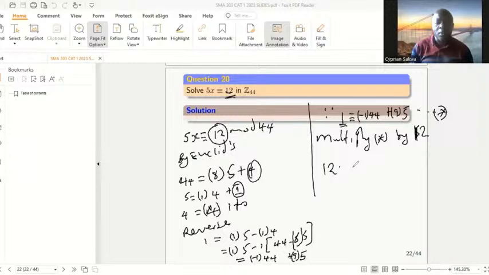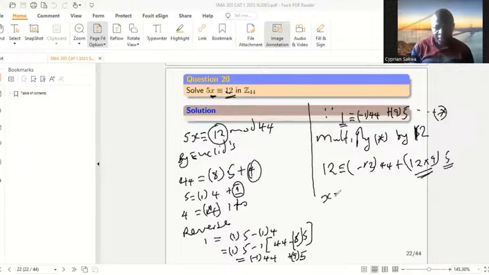That 12 is congruent to negative 12 times 44 plus 12 times 9 times 5. And we are working mod 44. I'm only interested in this part because this will give me what must be multiplied by 5, the x. So that's what I'm interested in.